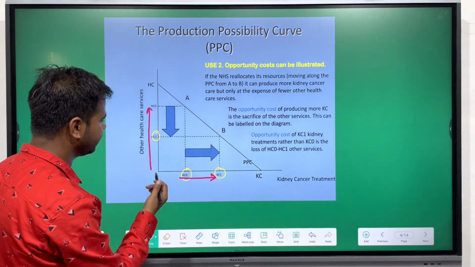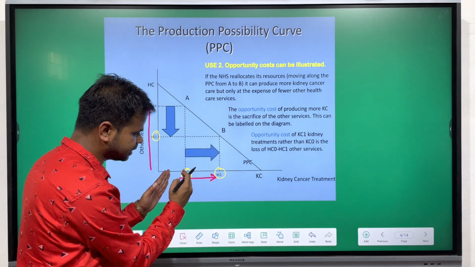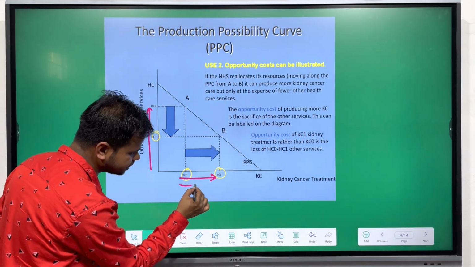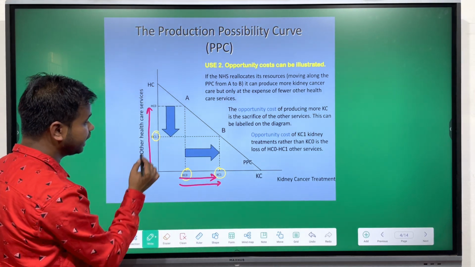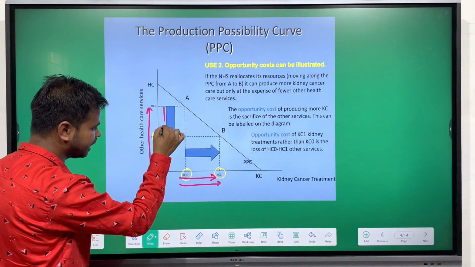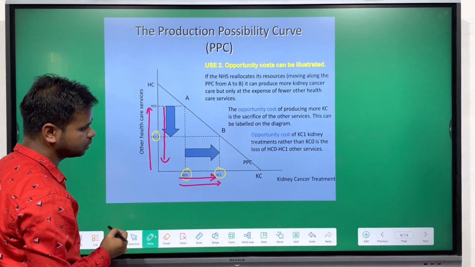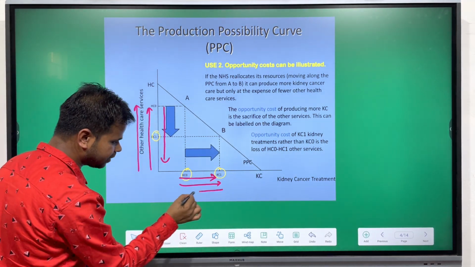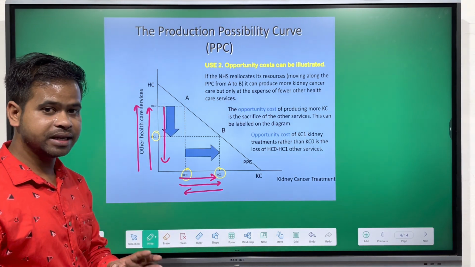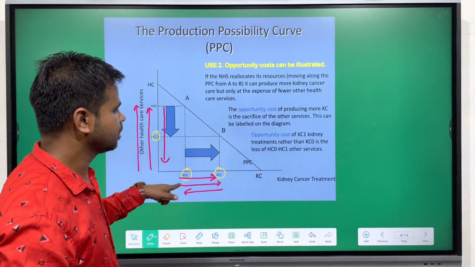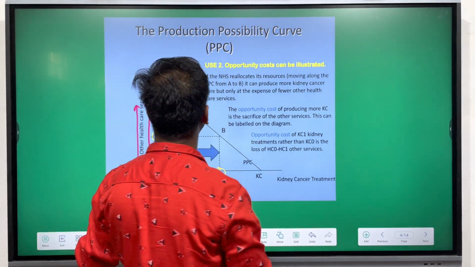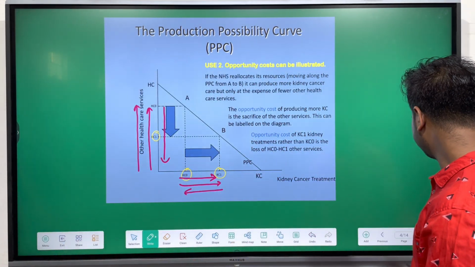But you can see that if we only increase kidney care, then healthcare service will go down. If we only increase healthcare, then kidney service will go down. So there is an inverse relation between these. This is called the opportunity cost and the production possibility curve.